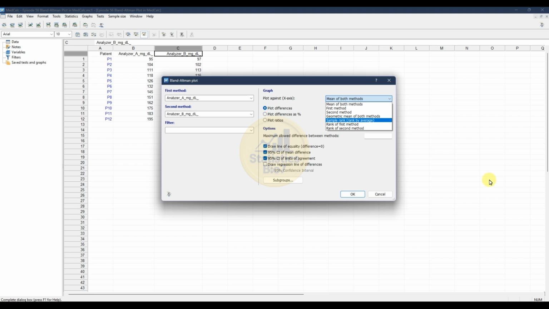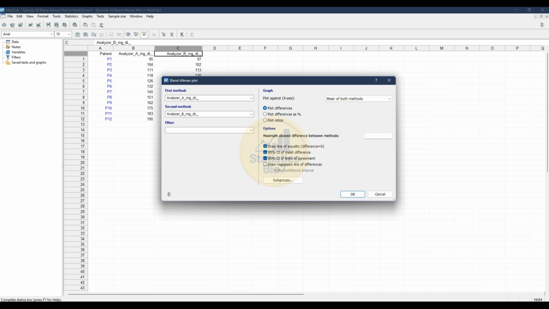The next is the rank of the first method, which ranks method 1 observations, and the rank of the second method, which ranks method 2 observations only. The mean of both methods is suitable in this study.